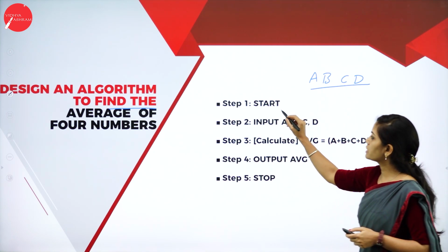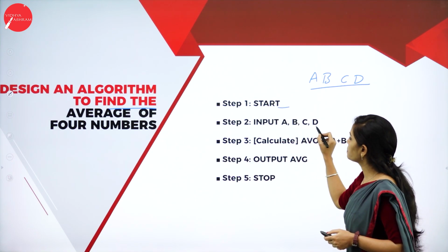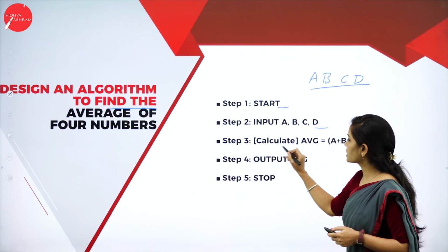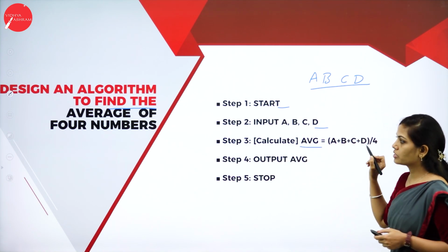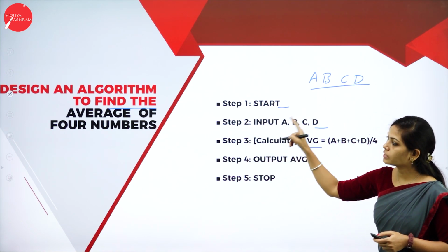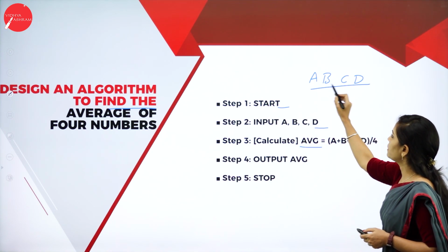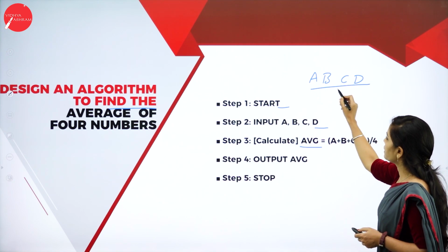Right? So the first step is start. The second step is input A, B, C, D. And the third step is calculate average. What is your question? Design an algorithm to find the average of 4 numbers. So average is equal to A plus B plus C plus D divided by 4.